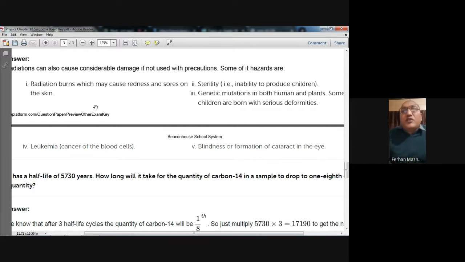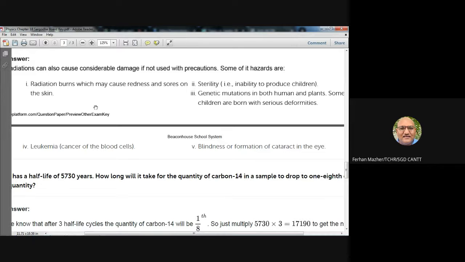Sterility, inability to produce children. That's the second he has listed. Genetic mutation in both human and plants. Some children are born with serious deformities. Leukemia, cancer of the blood cells. And the fifth one is the blindness or formation of the cataract in the eye.